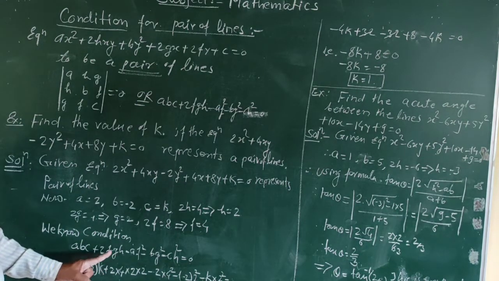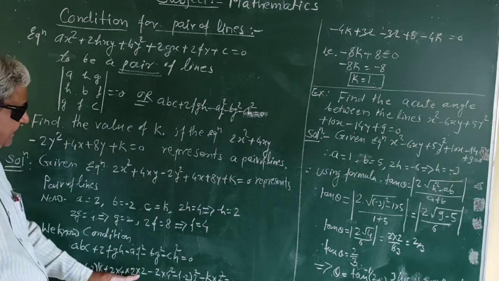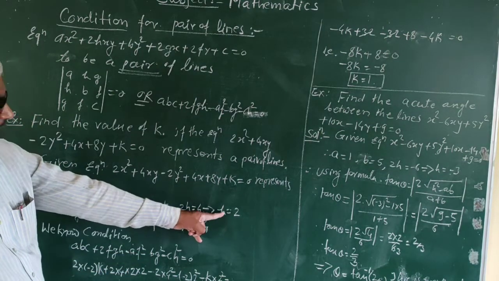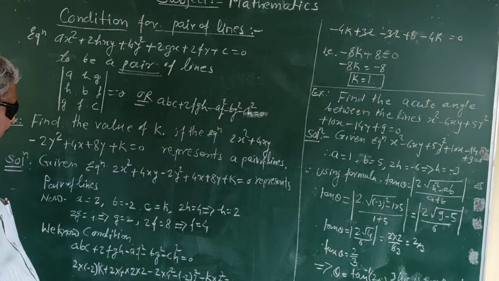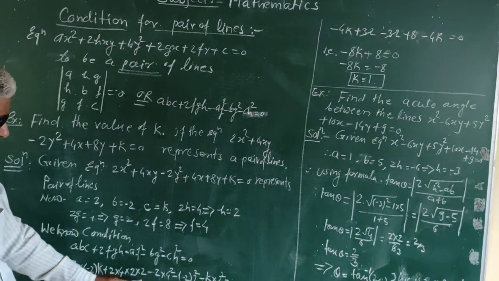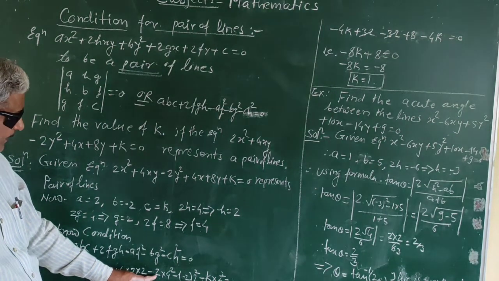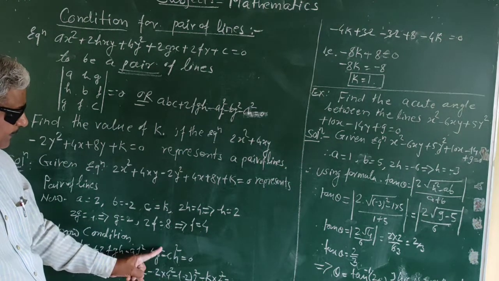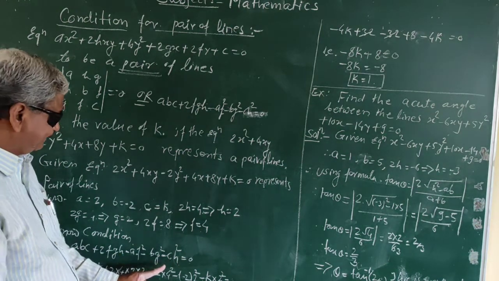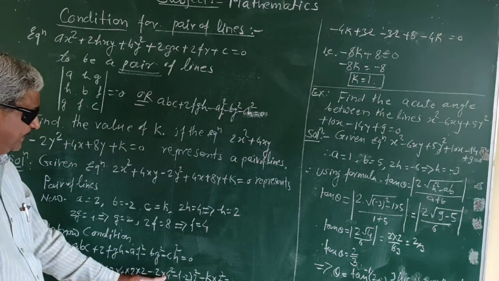Then 2fgh: 2 into f is 4, g is 2 and h is 2. So in this way we can put the values here. Then minus bg², where b is −2 and g is 2, and minus af², where a is 2 and f is 4, so 4².